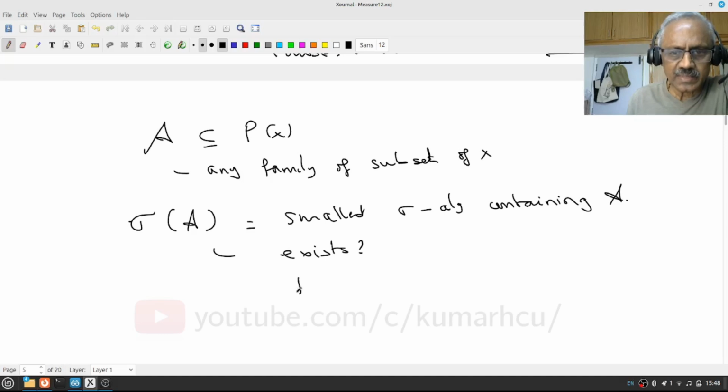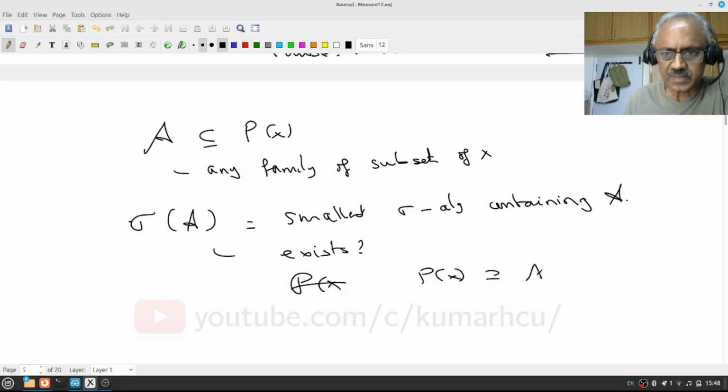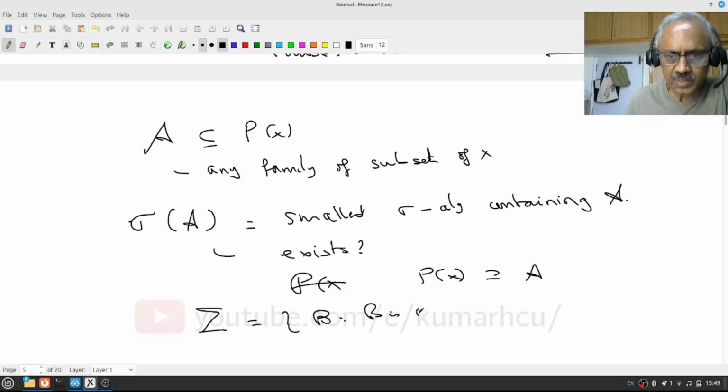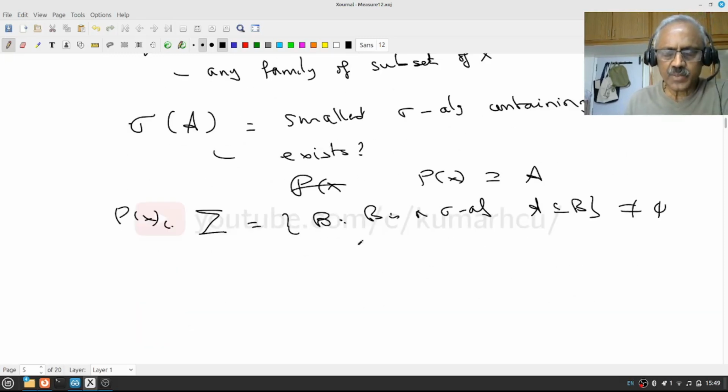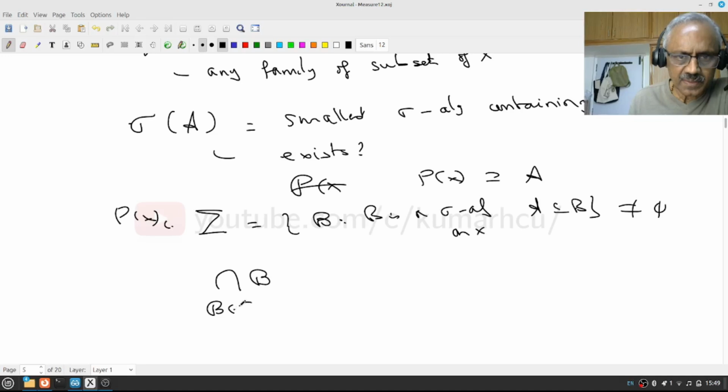Look, the power set of X is a sigma algebra which contains A. Therefore, the class of B such that B is a sigma algebra and A is contained in B is non-empty, because P of X belongs to it. Therefore, this is a family of sigma algebras on X, and the intersection of all such B is a sigma algebra.